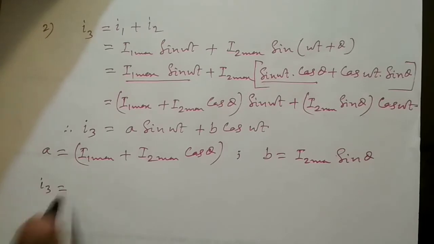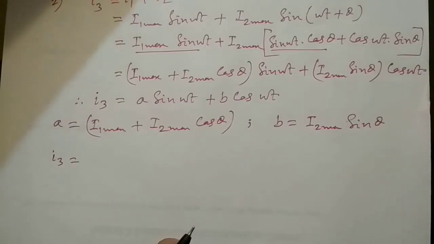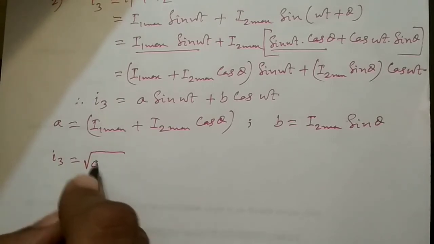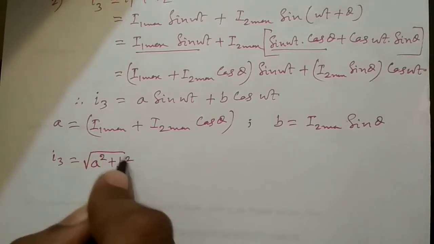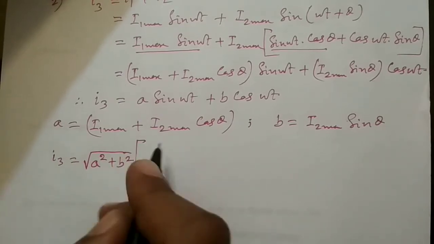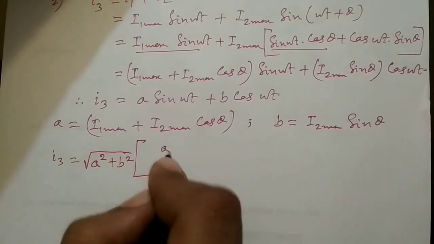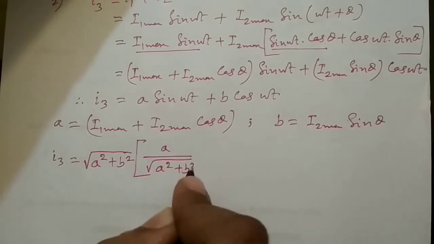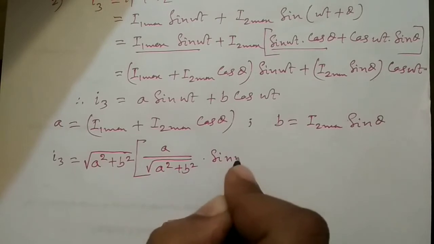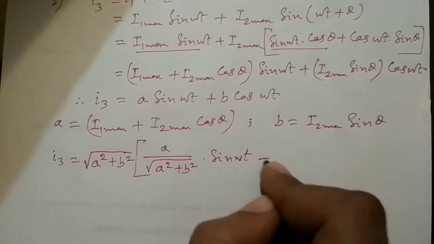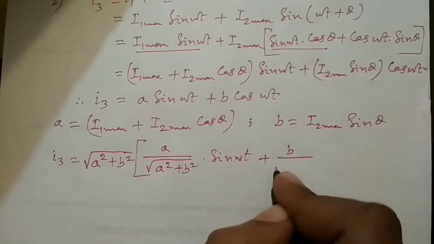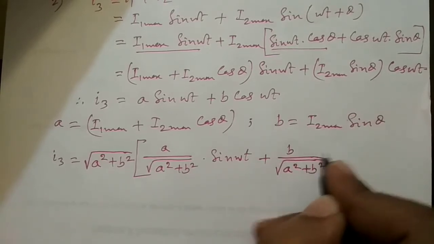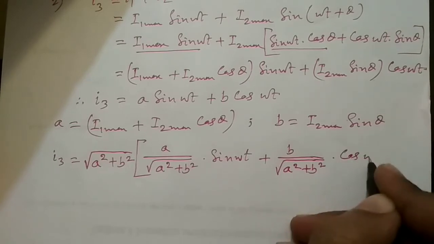Further, it can be simplified by multiplying and dividing by the square root of a square plus b square. So it will be A upon square root of a square plus b square into sine omega t plus b upon square root of a square plus b square into cos omega t.